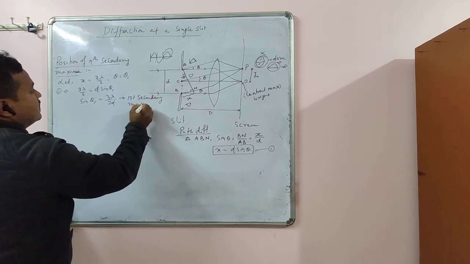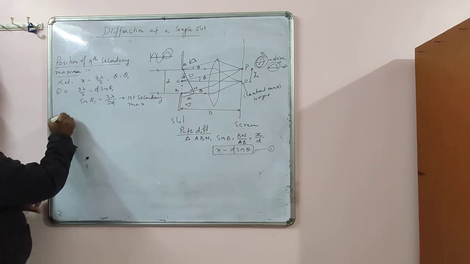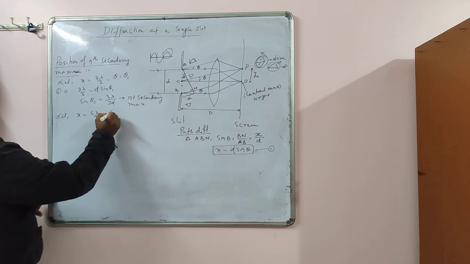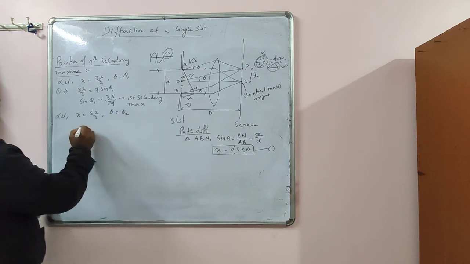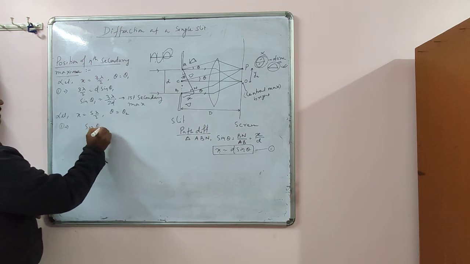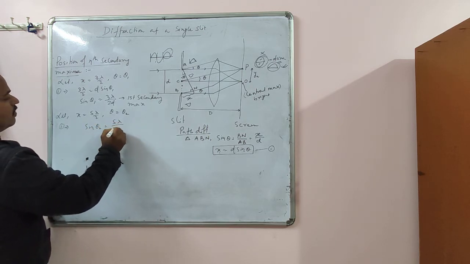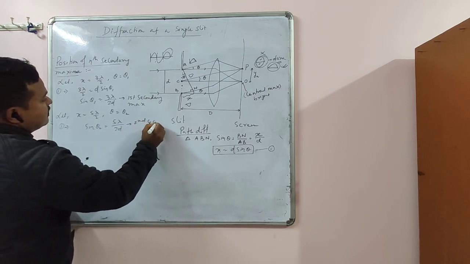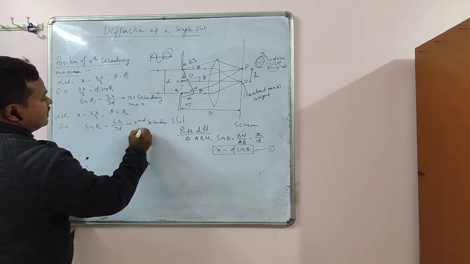So similarly if we take x is equal to 5 lambda by 2 and theta is equal to theta 2, then from equation 1 you can write sin theta 2 is 5 lambda by 2d. So this will be the second secondary maxima.